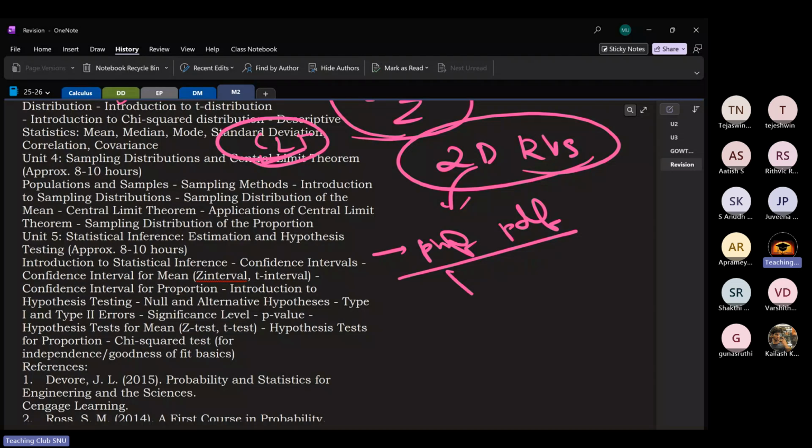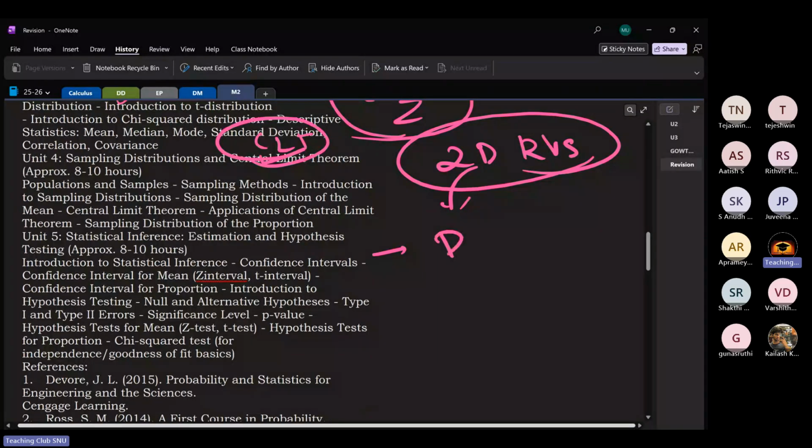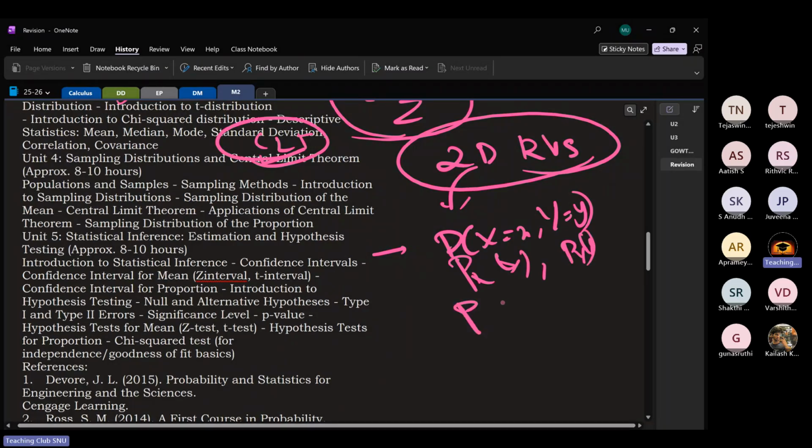So you have probability of X equal to x, Y equal to y, p_X of x, p_Y of y, and then P of X equal x given something like that. So what is this? This is joint probability distribution, marginal probability distribution, and conditional probability distribution.